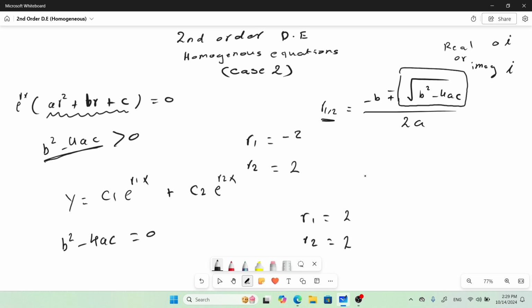Our general solution would be y is equal to c1 exponential of rx plus c2 x exponential rx, since we have both roots at the same value, so we just substitute the r for the value of both roots.